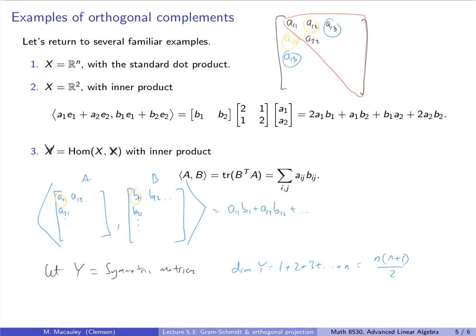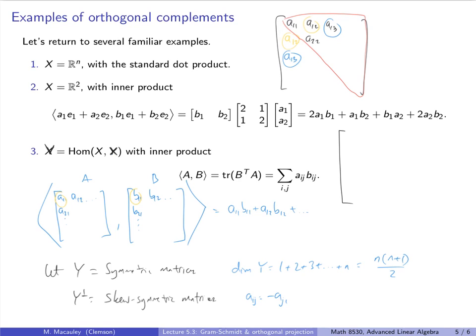Now I claim that y perp is the space of skew symmetric matrices. We talked about skew symmetric linear forms. I feel like skew symmetric matrices probably came up in that lecture whenever it was a while ago. But what that means is that Aij has to be negative Aji.